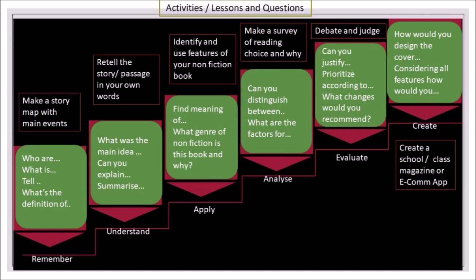So for example, create a school magazine or design an e-commerce app. Questions like how would you design the cover or landing page? Considering all features, how would you design the hierarchy? This way, students can be engaged in projects ranging up to the highest order thinking in the library.